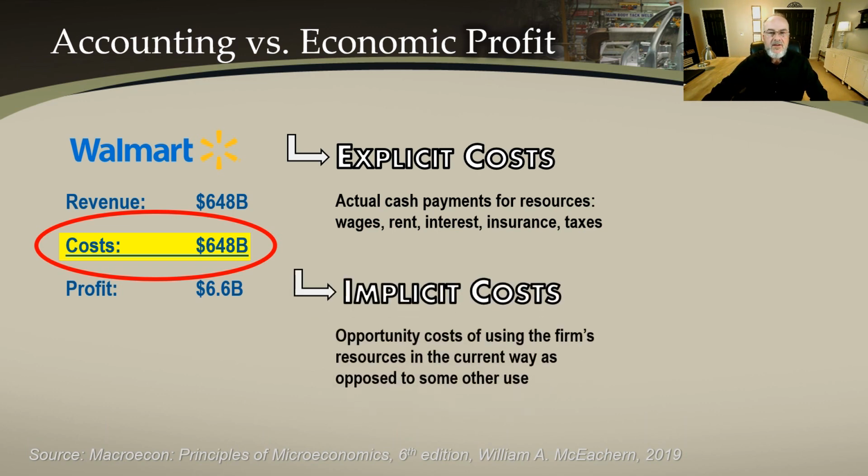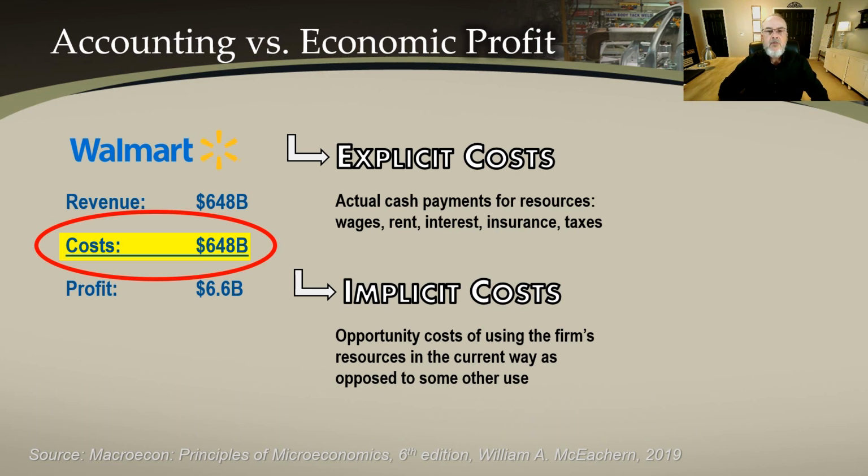And then there are what's called implicit costs. Now we're going to tie a little bit into our economics here. This is the opportunity cost of using what the company has the way it's currently using them, as opposed to some other way to use them that could produce income.